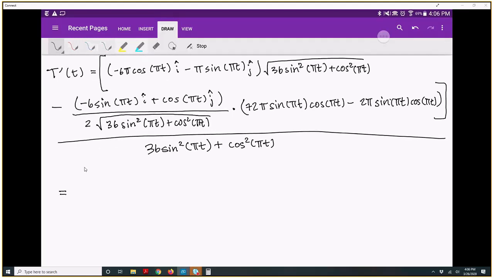when I multiply by the square root, the square root term here is just going to be 36 sine squared of pi t plus cosine squared of pi t. And then this other term I'm going to multiply by 2.